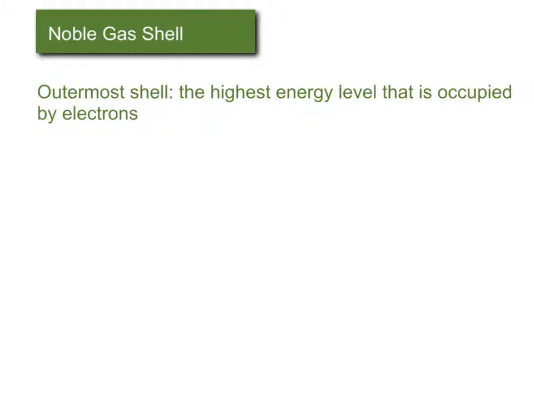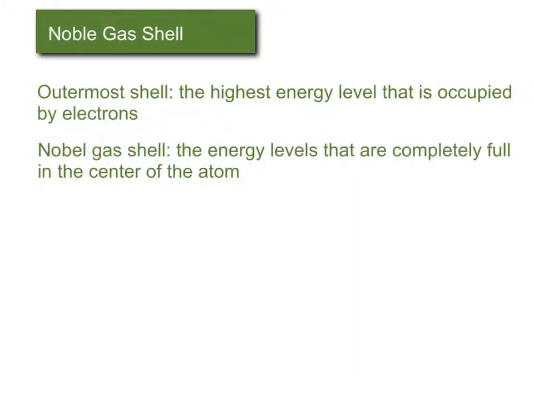In the same way with nitrogen, because the outermost shell is the second one, that's where the electrons are going to be coming and going when bonding happens and reactivity and all of that sort of thing. The noble gas shell is what is inside. The noble gas shell for nitrogen would just be the full first energy level, which is just 2 electrons.